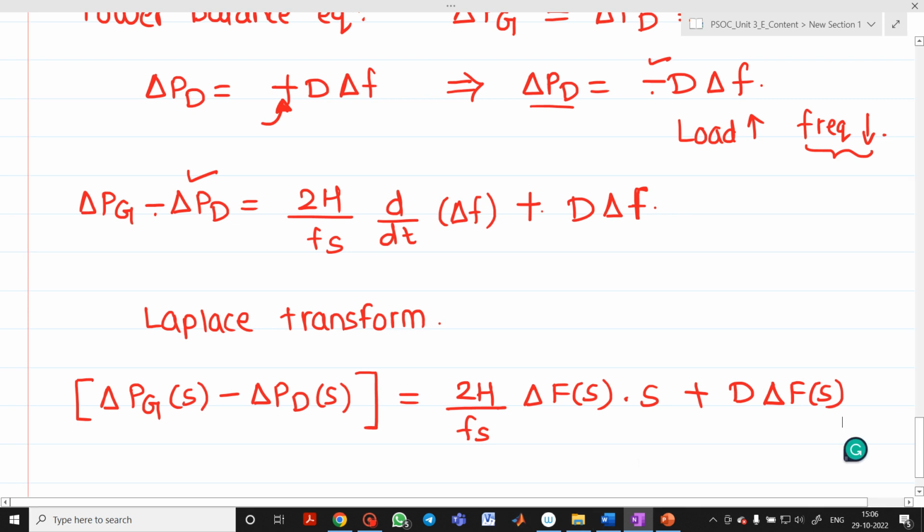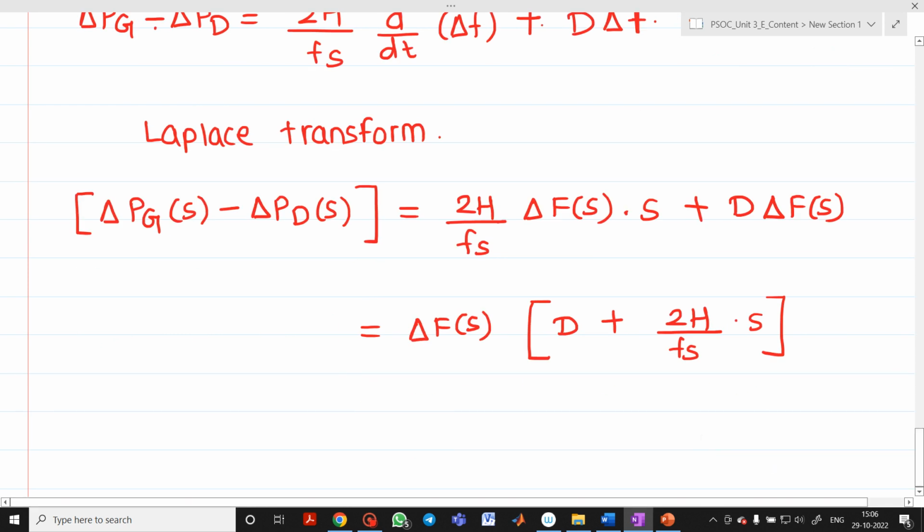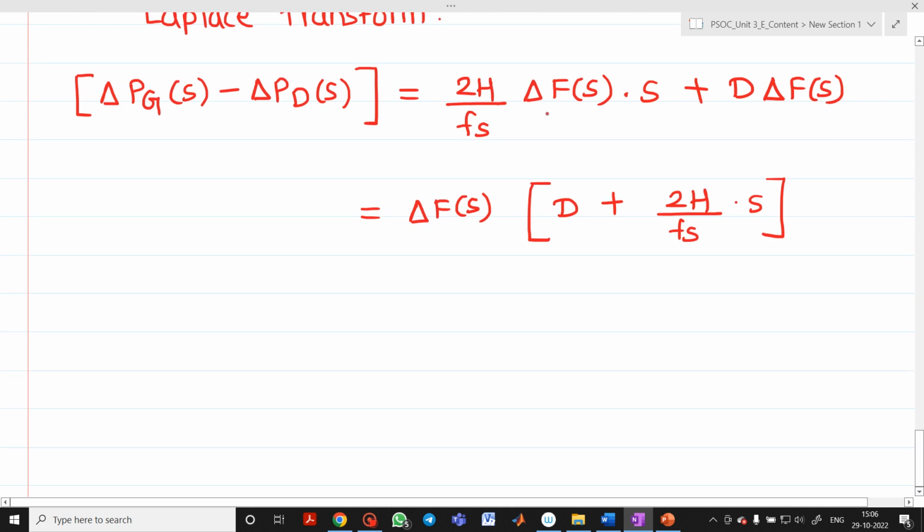Now from the right hand side I am going to take ΔF of S common. So here you will get D plus 2H upon Fs into S. I think you understood this. What I did here is take ΔF of S common from the right hand side. So now can I write like this?